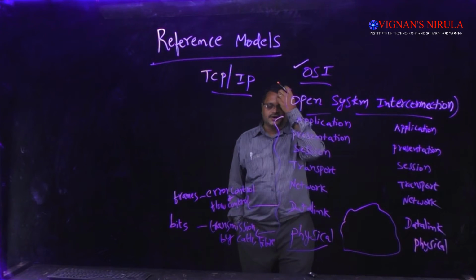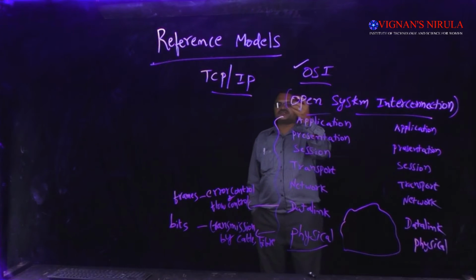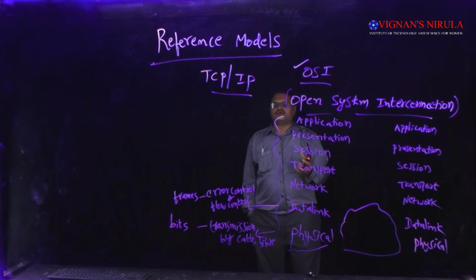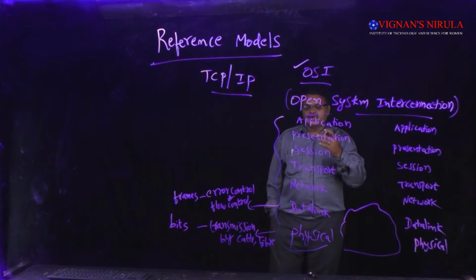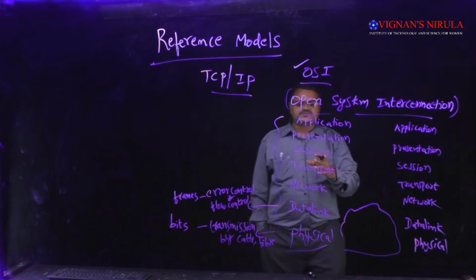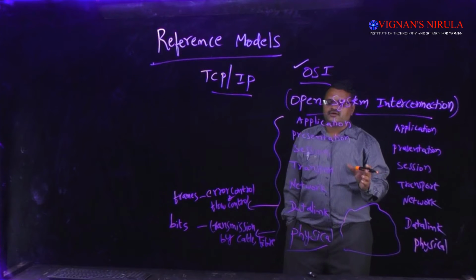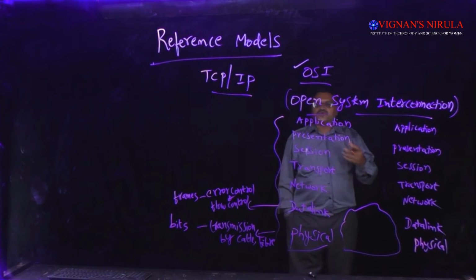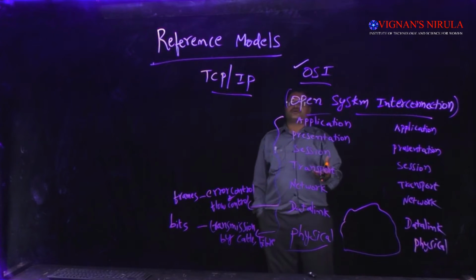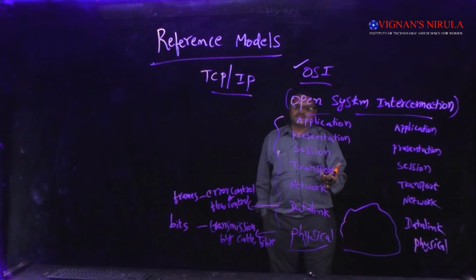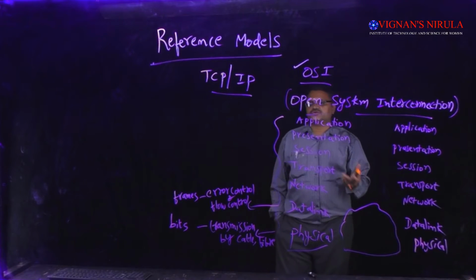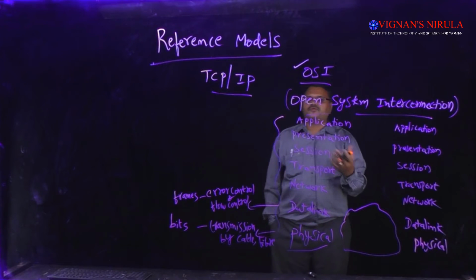And here error control and flow control. Whatever information it receives from the physical layer, it should transmit as it is without any loss of information. When a loss of information occurs in computer networks, it occurs because of a noise burst. Due to the noise burst, some of the bits may be missed.